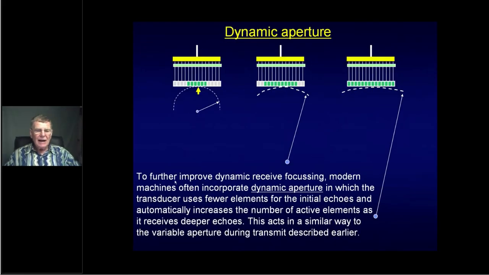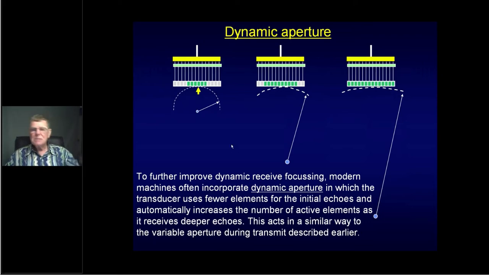Okay, just to further improve that, the machine may also use dynamic aperture. Now this acts very similar to the variable aperture that I've already described, so that the echoes coming from near the transducer don't need the other elements and only use the inner ones. And then gradually it will use more and more.